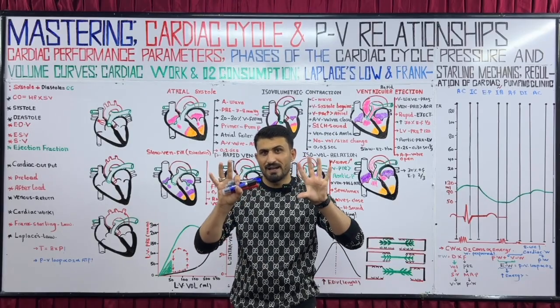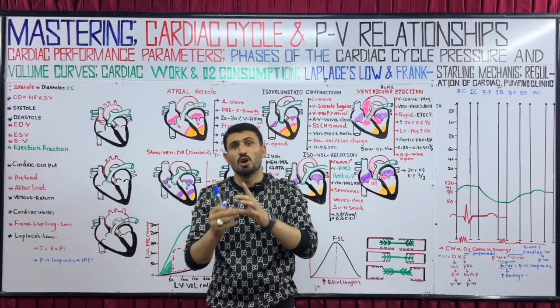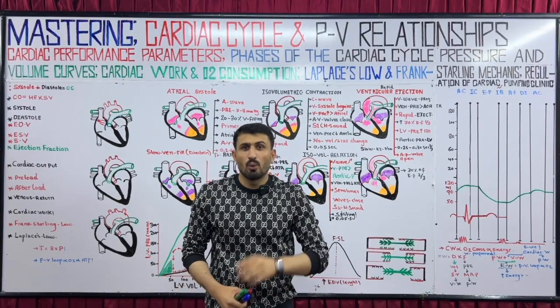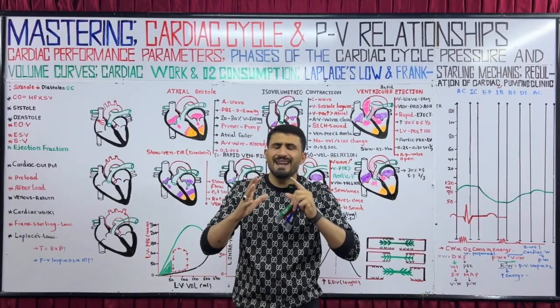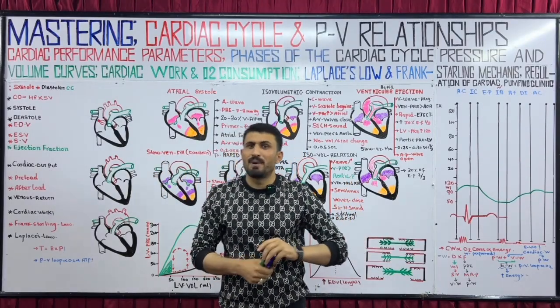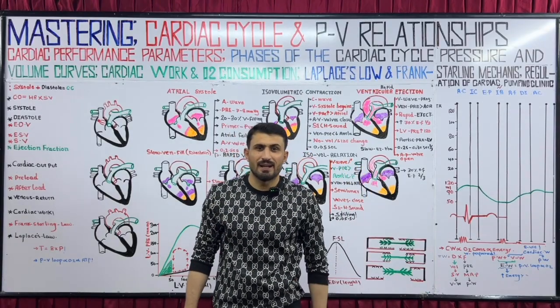Both in combination make one cardiac cycle, or one heartbeat. All mechanical events during one systole plus one diastole are called a cardiac cycle.